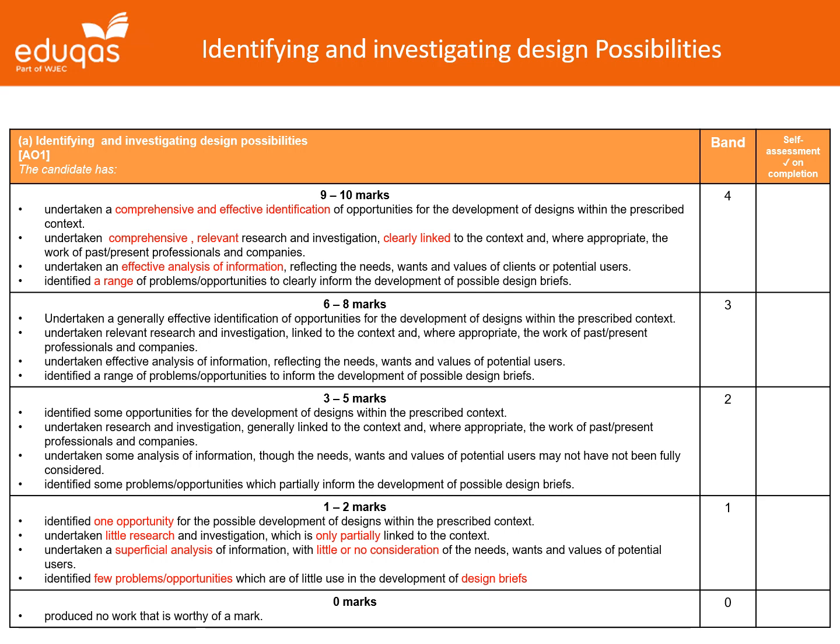The difference in the vocabulary used here is clear. There is an obvious increase in the level of difficulty and detail expected at each mark range. Note that if only one design opportunity has been identified, your final mark could be placed in the lowest band.